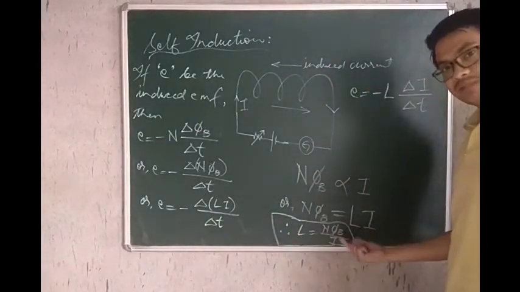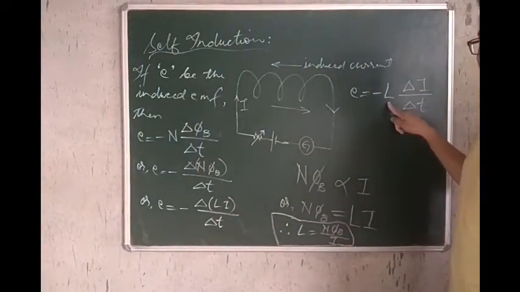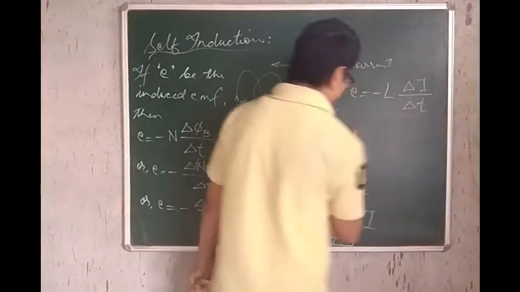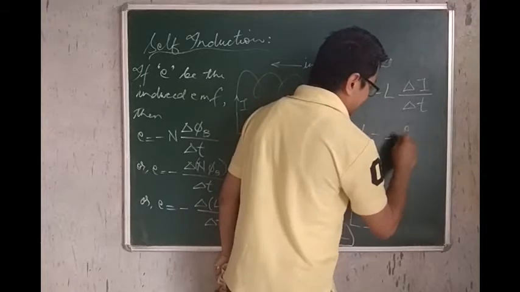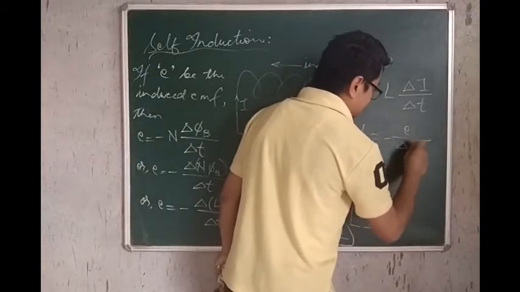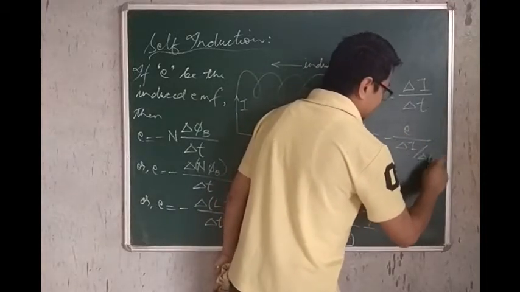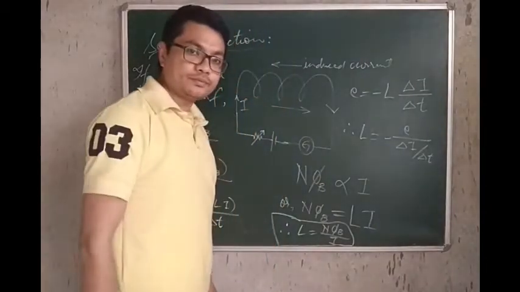Self-inductance is a constant, mind you, so it comes out of the delta sign, and from here we can write L is equal to minus E divided by delta I upon delta T.